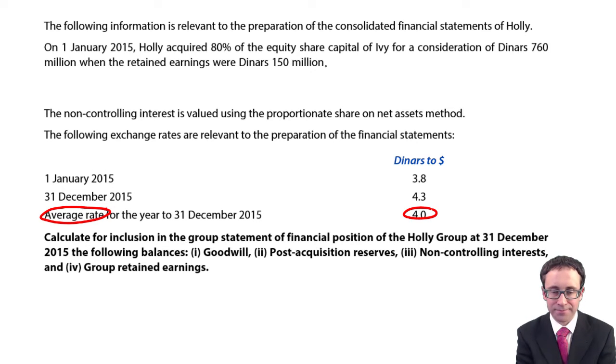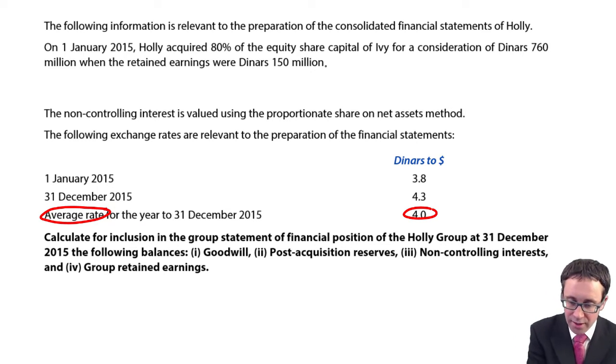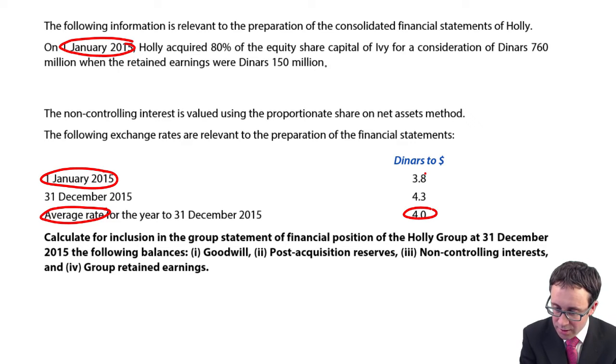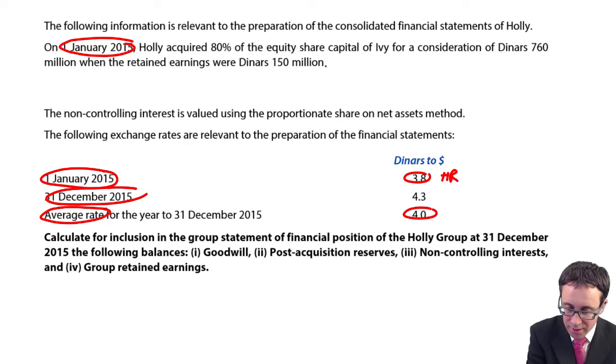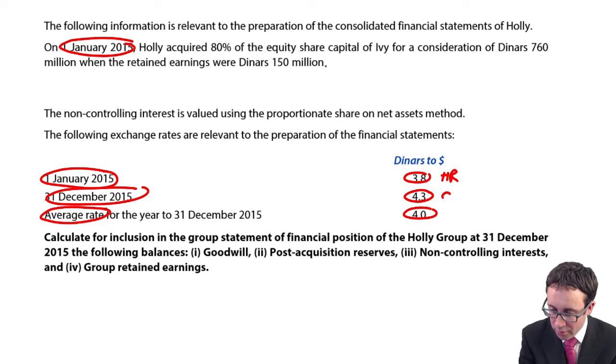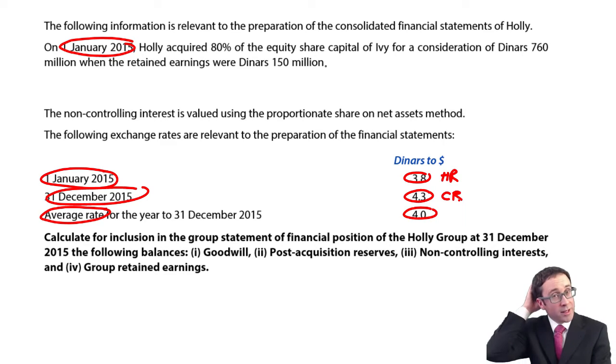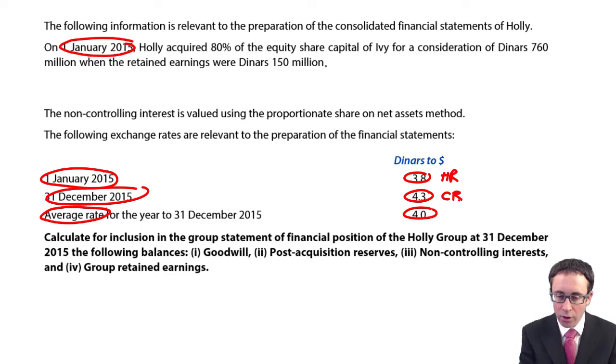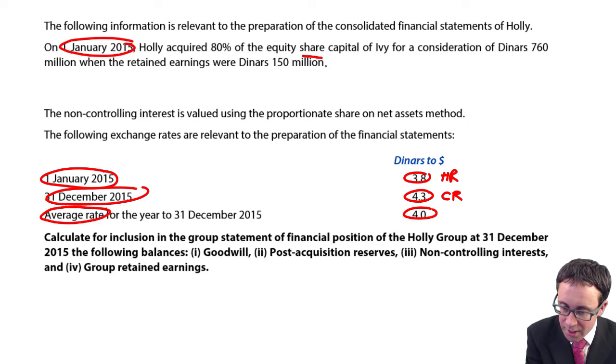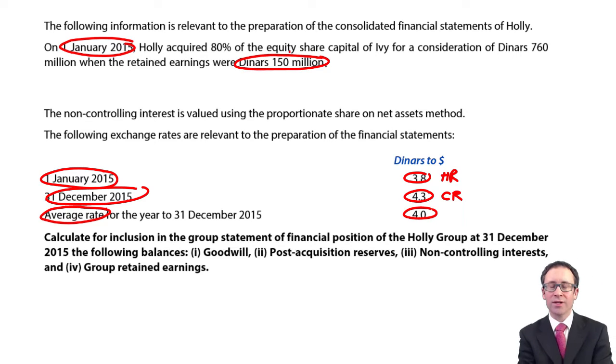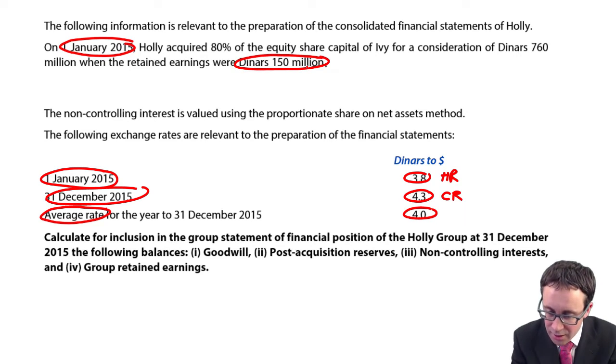The pre-acquisition will be translated at the historic rate, and then the post-acquisition figure will be a balancing figure, won't it? Okay. So what you can see there, this subsidiary was acquired on the 1st of January 2015. So January 2015, that 3.8 is the historic rate. The reporting date is December 2015, so that 4.3 is the closing rate. We're also told that on the acquisition date, the retained earnings were 150 million dinars.